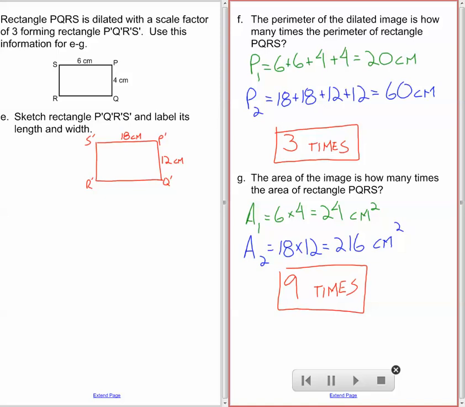So it's 3 squared times bigger. If we use the scale factor of 4, then the area would be 16 times bigger. If we use the scale factor of 5, then the area would be 25 times bigger. If we use the scale factor of 9, then the area would be 81 times bigger. Perimeter, though, is just 1 dimension, so it's the same as the scale factor that it's going to increase.